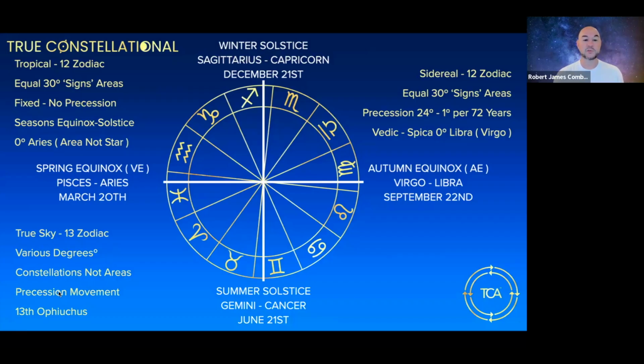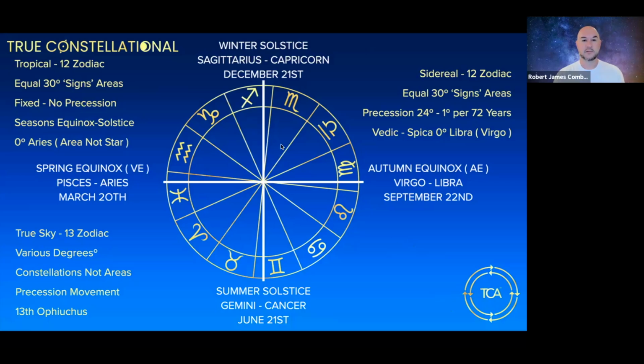And it also moved with the precession of the equinox. And so when I was looking at all of this, I was like, wow, maybe true sky is the system to use, because it seems to answer all of the questions, until I found some fundamental issues with that as well. So these are the three major current systems that are in use.